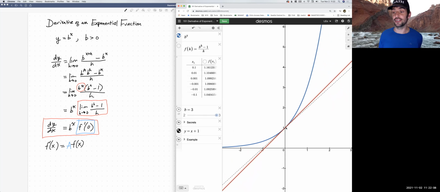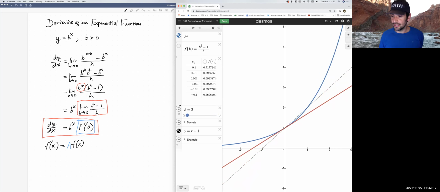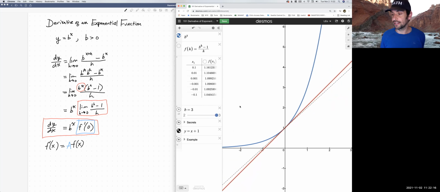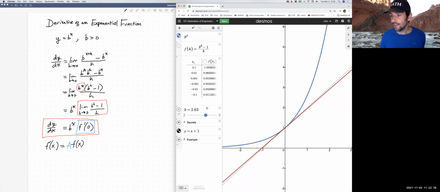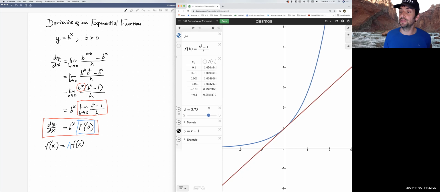That's where they intersect the y-axis at x equals 0. Our tangent line starts out below that with a smaller slope and then gets a larger slope, right? So somewhere in there, it seems like we're passing through a base for the exponential that has a tangent line slope of 1, right? Right here looks pretty close to it. And it's a number, as we expect, between 2 and 3 and a little bit closer to 3.